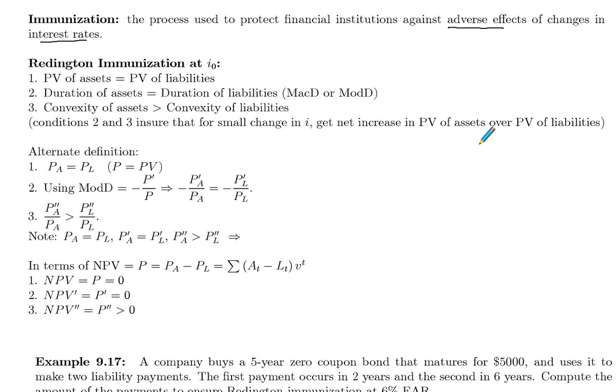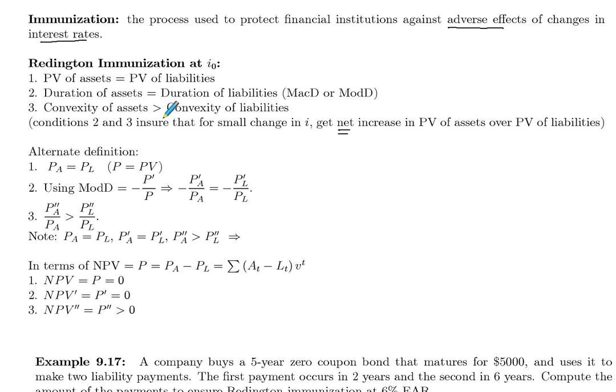Okay, so if your liabilities go up but your assets go up a little bit more, we're okay. If your assets go down but your liabilities go down a little bit more, we're okay. So that's what we're talking about by saying a net increase here. So that's what we want to ensure.